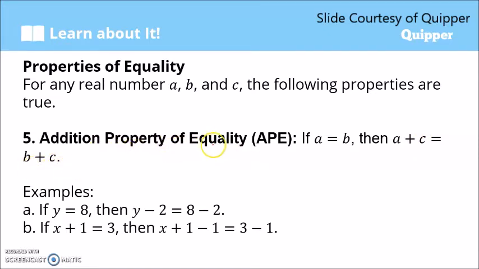Ang sabi ng addition property of equality, if we have an original equation A equals B, then kung mag-a-add tayo or magsasubtract ng number kay A, if we add something here that's plus C, then we must also add that same number sa right side ng equation. Okay? Kung nag-add ka dito ng C, mag-a-add ka rin dito ng C. So, that is why we have A plus C equals B plus C.